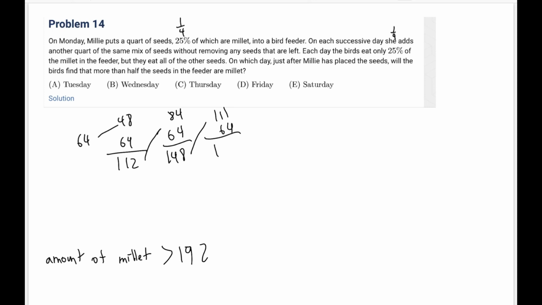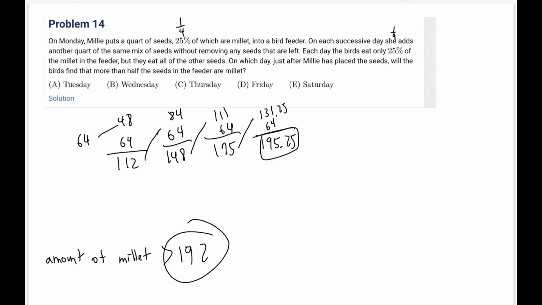This would be 175, and then we would have to get 3 over 4 of this. 175 times 3 over 4, so times 3 would be 525, and then 525 divided by 4 equals 131.25, right? Since it's 131 and 1/4. And then add 64 more. This becomes 195.25, and this is finally greater than 192.